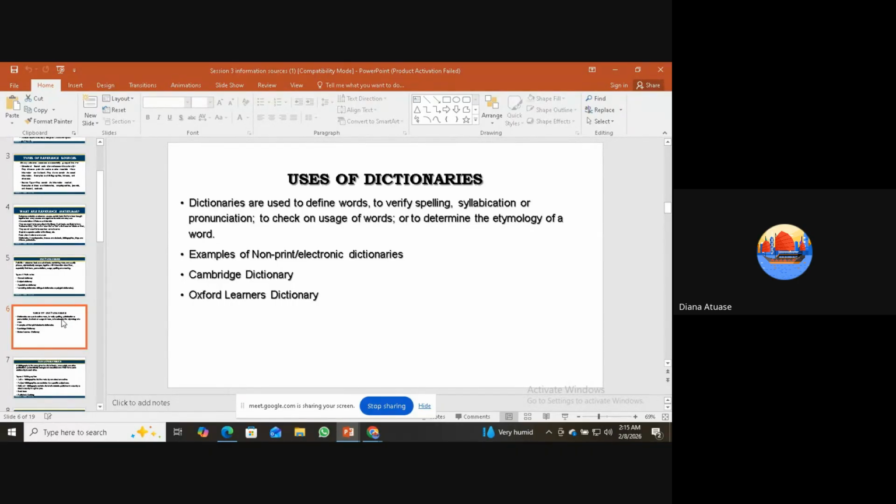A dictionary contains that. So if you want to know how a particular word came to be, when you consult a dictionary, it provides that. As I mentioned, these materials are in print and electronic format.